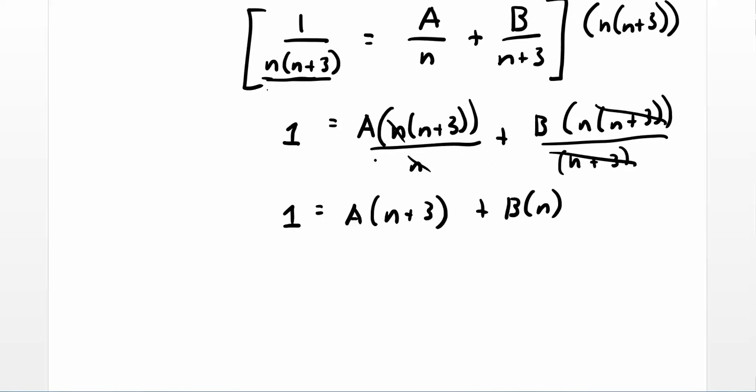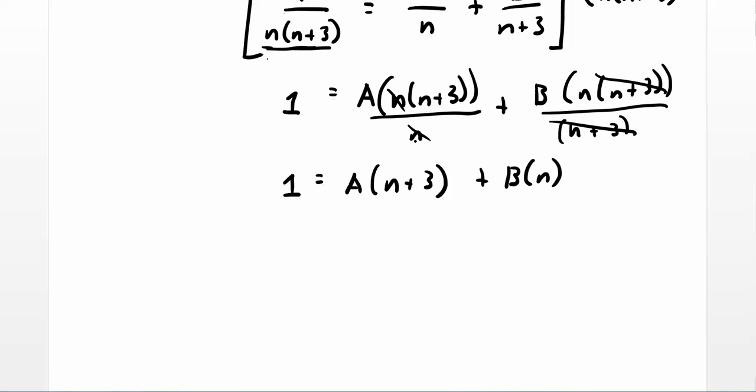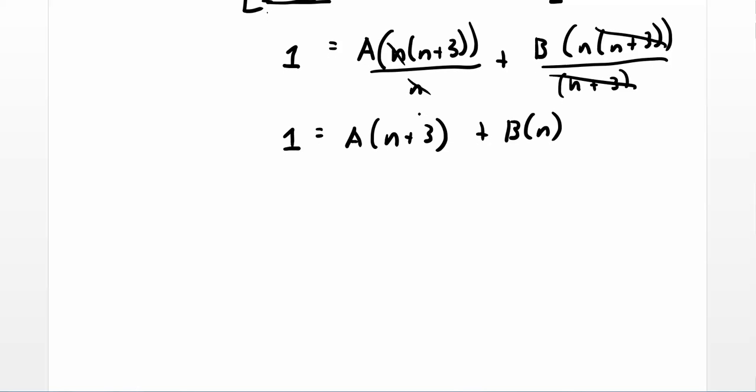Okay, so you can pick some convenient values to figure out what a and b are. Let's start with n equals 0. Why did I choose n equals 0? Because when I plug n equals 0 in here, this term is going to drop out, and I'll just have an equation in a.